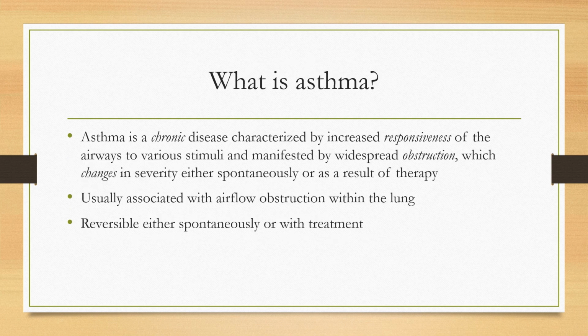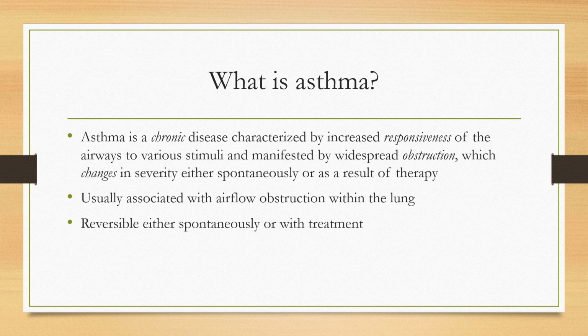So what exactly is asthma? Asthma can be defined as a chronic condition which is characterized by an increased responsiveness of the airways to various types of stimuli. When I use the word stimuli, think of triggers.